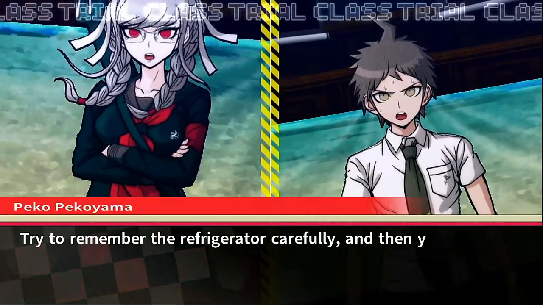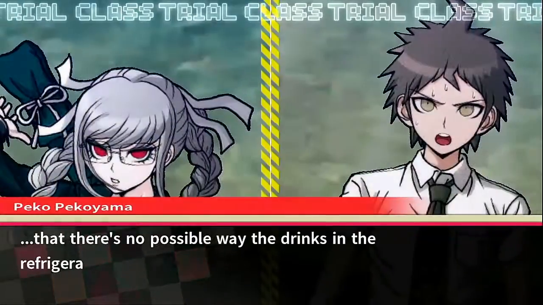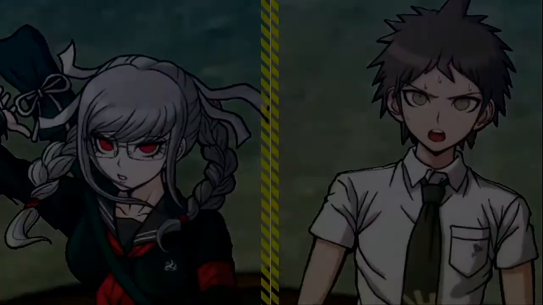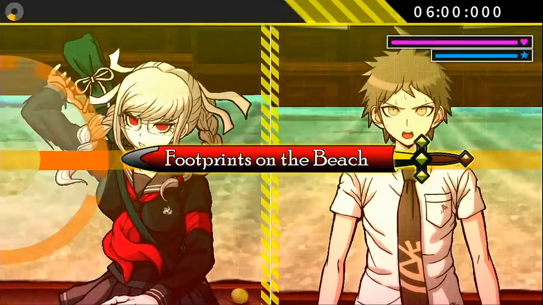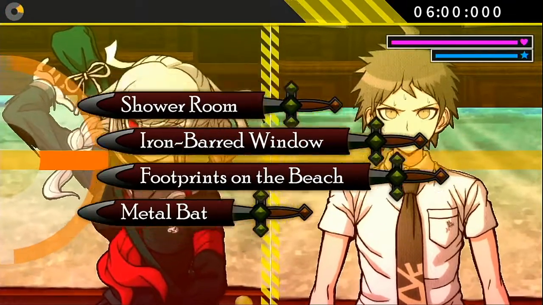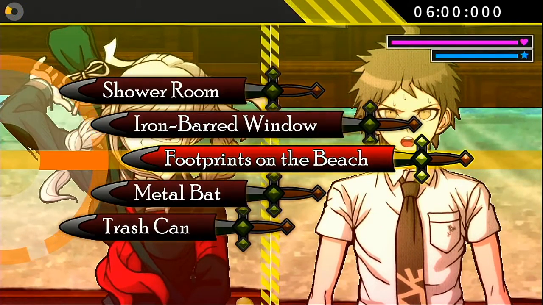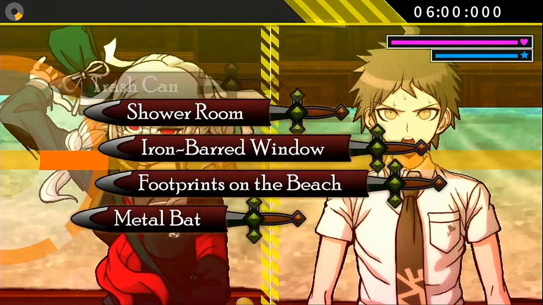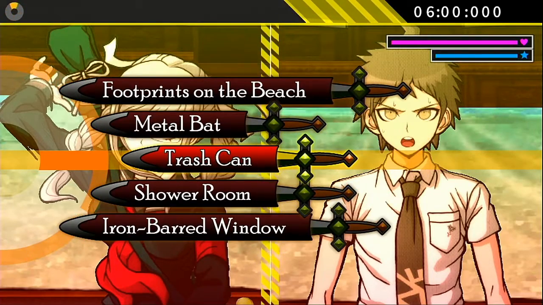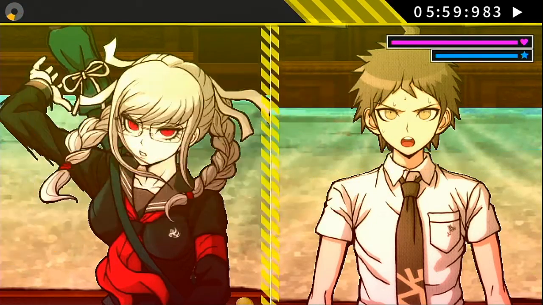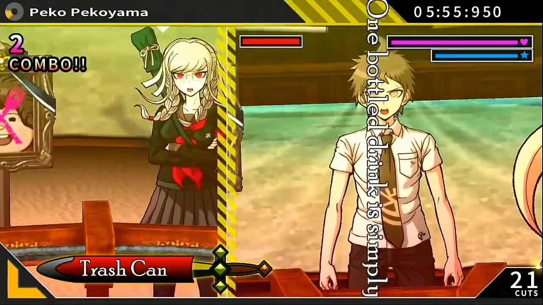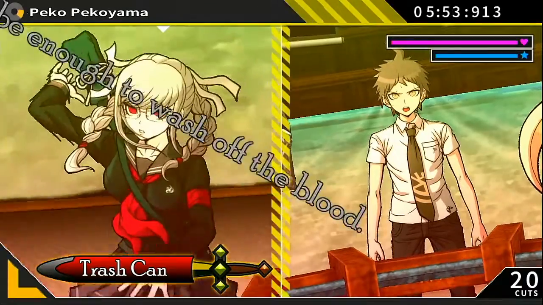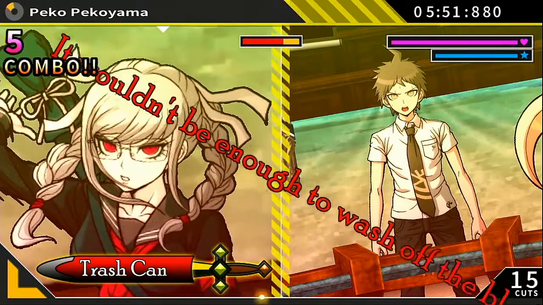Try to remember the refrigerator. It's true there were drinks in the beach house refrigerator. However, one bottle of drink is simply not enough. It wouldn't be enough to wash off the blood.